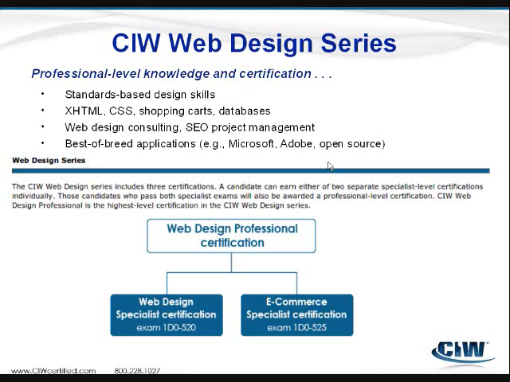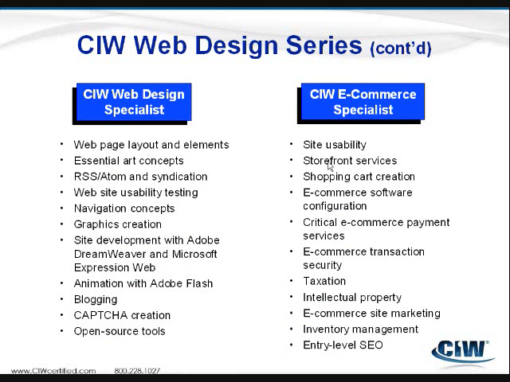courses. Our Web Design Professional Certification encompasses 2 independent courses: Web Design Specialist and E-commerce Specialist. Our Web Design Specialist course is going to focus on page layout elements, the aesthetics of the site, what type of art we are using on there. We're going to talk about technologies such as syndication.